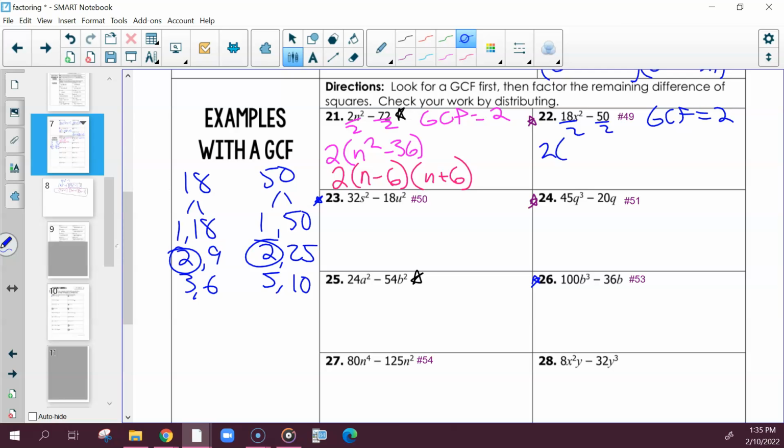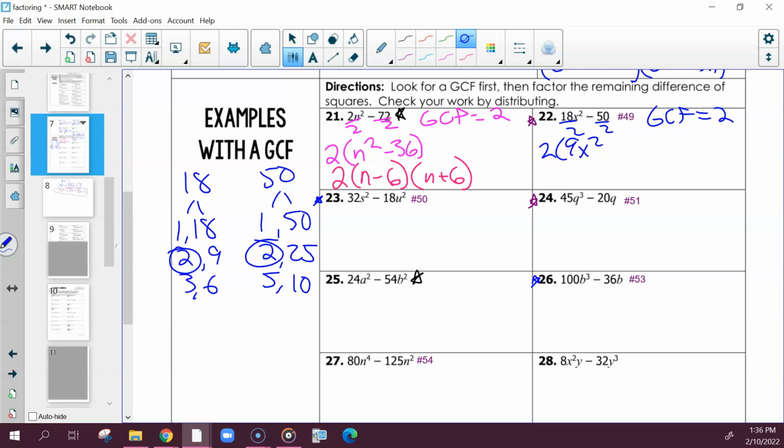So if we were to divide 2 out of both of these, what would be left? 9x squared.